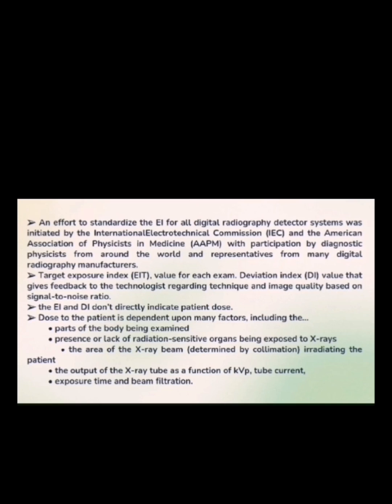Dose to the patient is dependent upon many factors, including the parts of the body being examined, presence or lack of radiation sensitive organs being exposed to x-rays, the area of the x-ray beam, which is determined by collimation, irradiating the patient. The next is the output of the x-ray tube as a function of kilovolt peak, tube current, and lastly the exposure time and beam filtration.